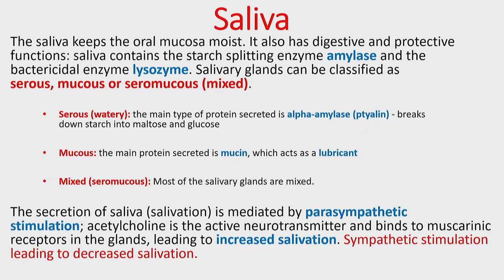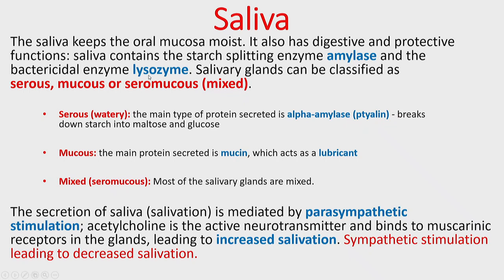Before we start on the salivary gland, you know that saliva has a very important function, which is making the oral mucosa moist. So it has a digestive and protective function. For example, in saliva there is an enzyme called amylase, and this amylase in the oral cavity starts the digestion and splitting of the starch in your food.